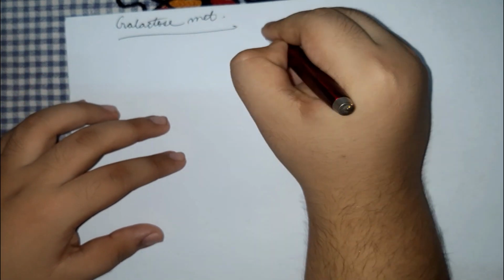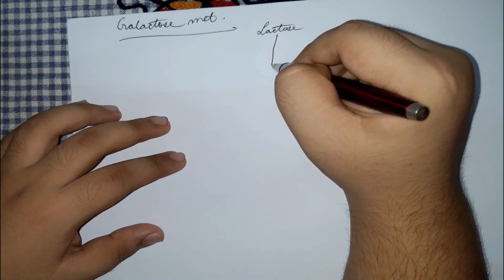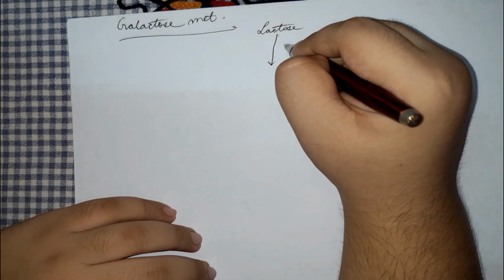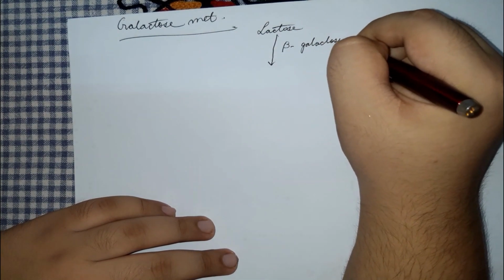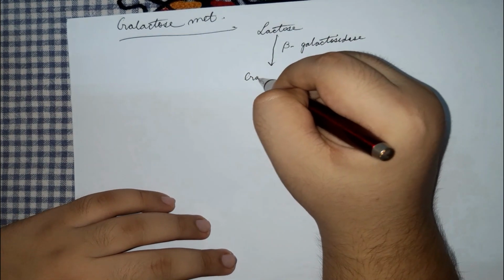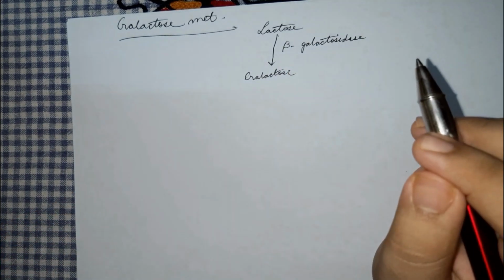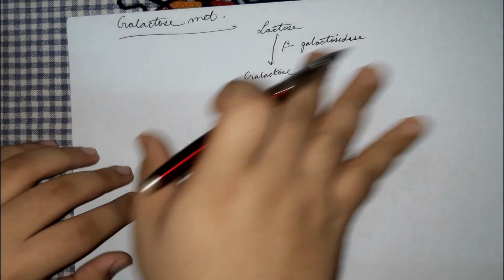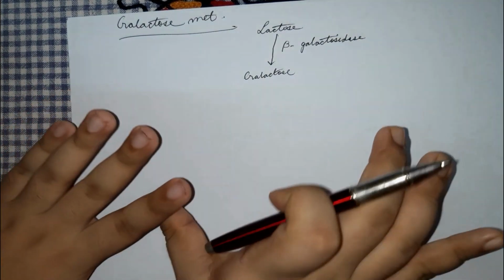Lactose is broken down by a very common enzyme, beta galactosidase, which I already mentioned in my first discussion about carbohydrate metabolism, into galactose and glucose, but we are not writing down glucose here because we are interested in only galactose. What I am about to write is what happens to galactose in our body.